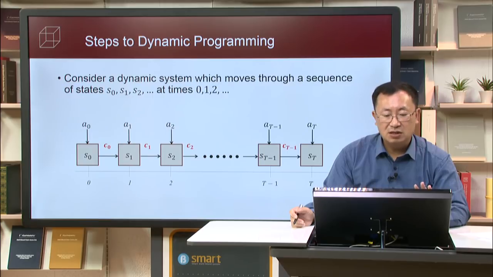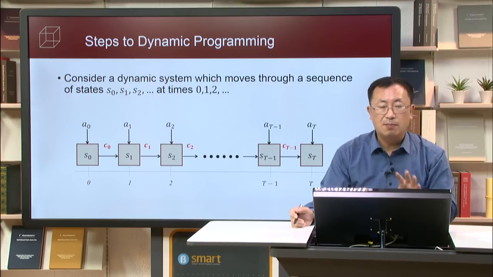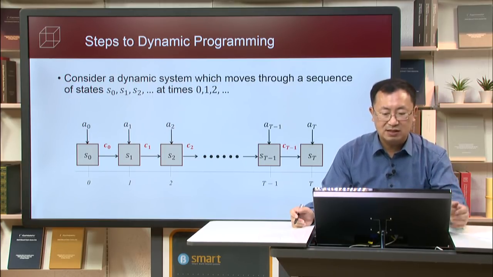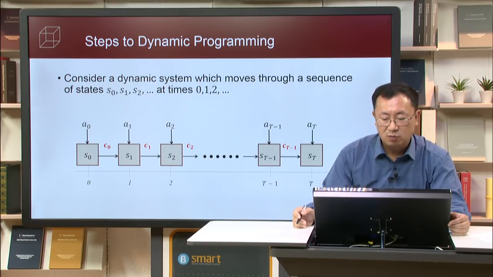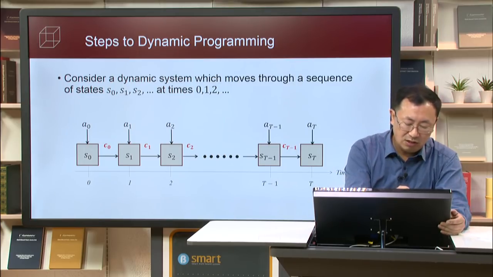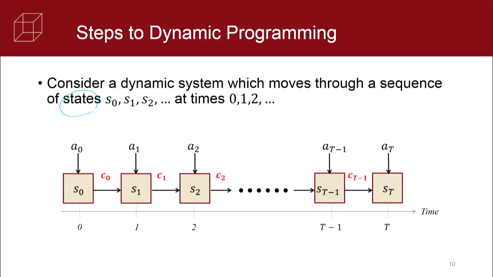Okay, so I'd like to introduce some basic components of dynamic programming. Let us consider a dynamic system which moves through a sequence of states. We're going to talk about the definition of a state later on. S1, S2, S3, and so on, at each time 1 through t. Right? So we're going to take a look at this graph.